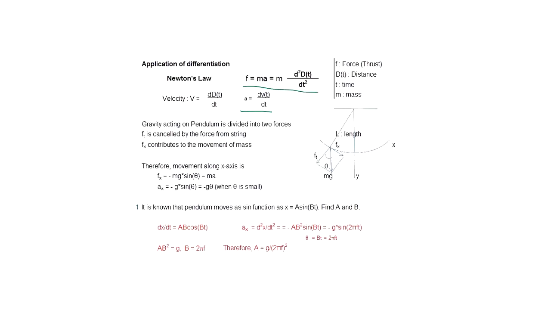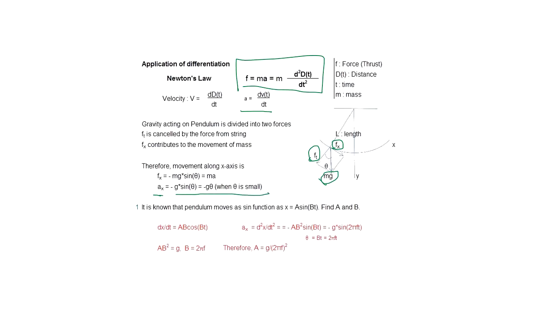We know this, right? So we apply this to a pendulum. So you know mg is divided into Ft and Fx. Fx is negative mg sine theta equals ma. So a is this.